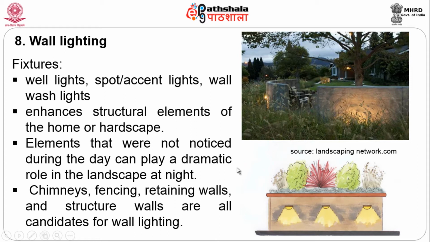Chimneys, fencing, retaining walls and structure walls are all candidates for wall lights, because most of these elements during the day look so barren, it might not be an interesting element to look upon, but during night, by placing such lights, this creates a very interesting element.